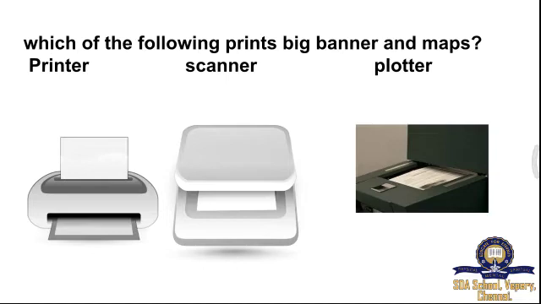Those are called plotters. So which of the following prints big banners and maps? First one is printer, that will not do that work. The second one is scanner, that will also not do that work. Then the last one is a plotter. Only with a plotter will we be able to print big banners and maps.